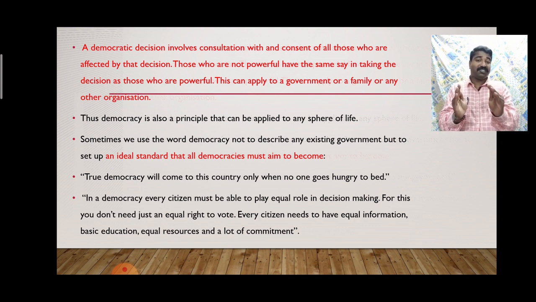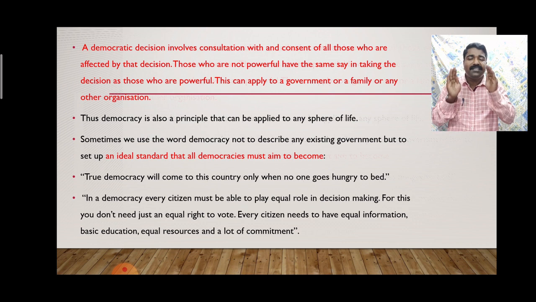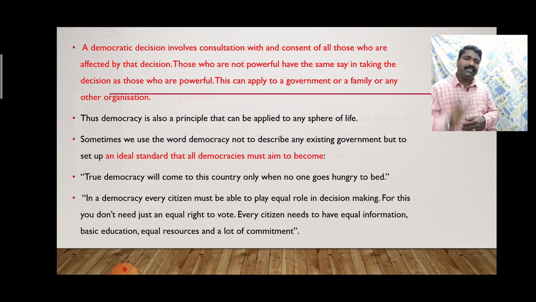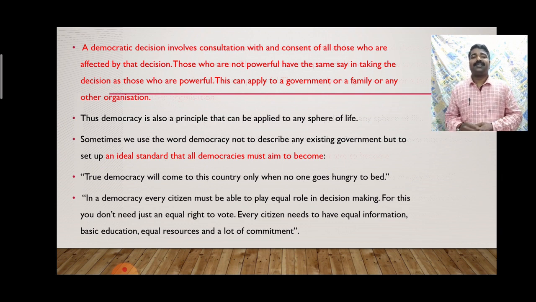And it is very important. In a democracy, every citizen must be able to play an equal role in decision making. For this, what is to be done? You don't need just an equal right to vote. Not only equal right in voting is needed, but every citizen needs to have equal information, basic education, equal resources, and a lot of commitment.